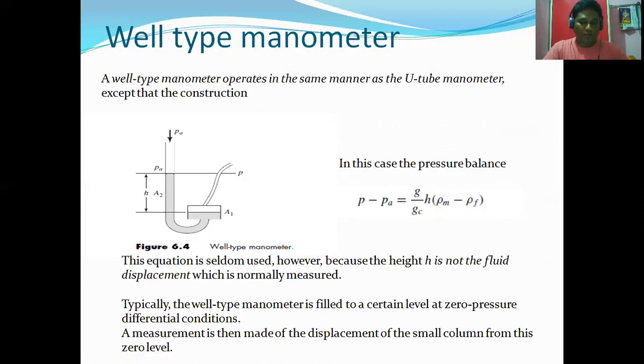So A2 of h dash, the small change of the height, is equal to h minus that small change h dash into A1.